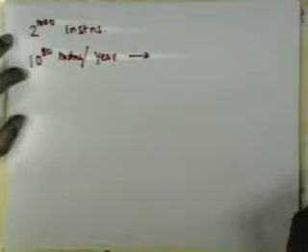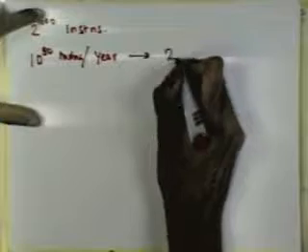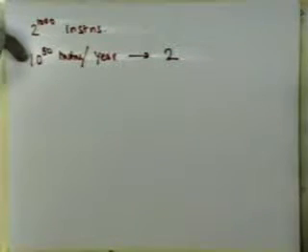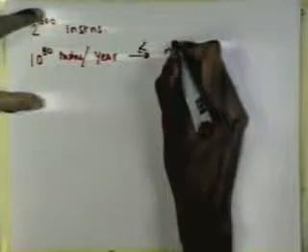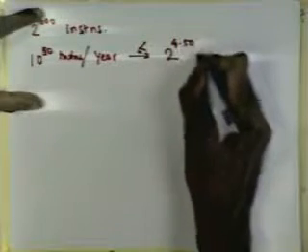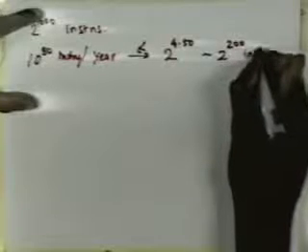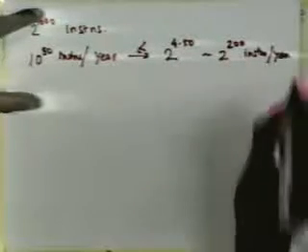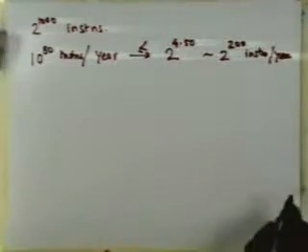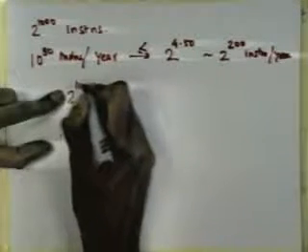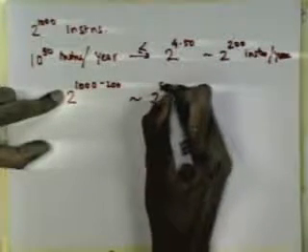Now this 10 to the 50 is certainly less than or equal to 2 to the 4 times 50, that is 2 to the 200. So now I just need to divide this by that to check how many years it's going to take. The number of years is 2 to the 1000 minus 200, which is roughly 2 to the 800 years.